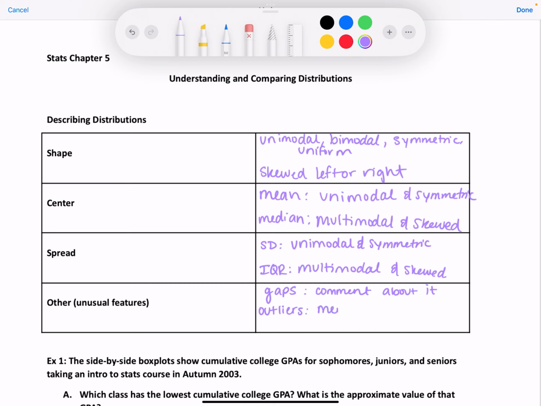Mention them. Consider removing the number and recalculating, because we want it to be a more accurate representation.